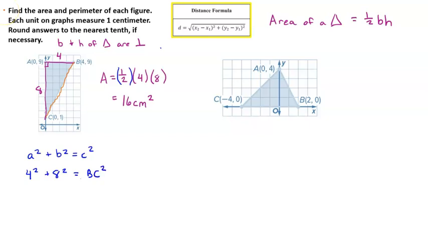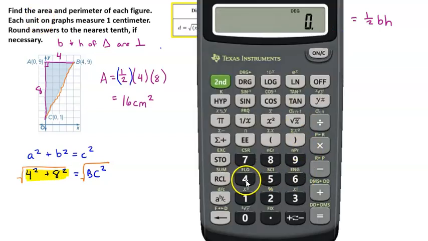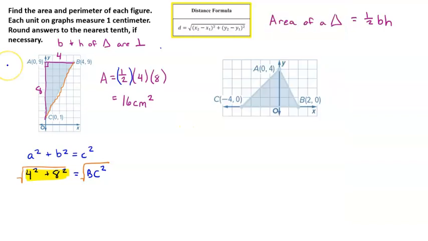And then from here, you're just going to take the square root. And so I'm just going to type everything that's underneath here and put that into my calculator. So I've got 4 squared plus 8 squared equals, and that gives me 80. So this is going to be the square root of 80 is equal to BC. And I'm just going to leave it like that.